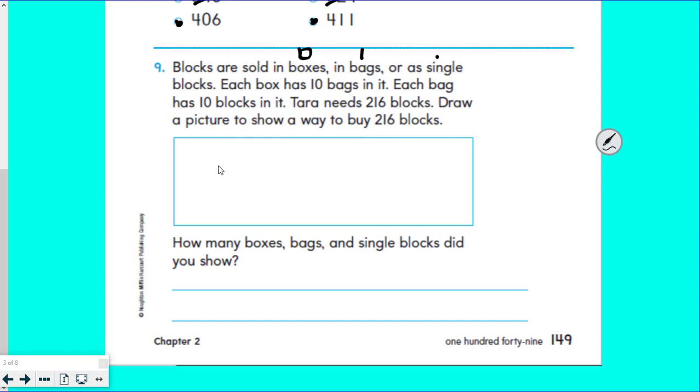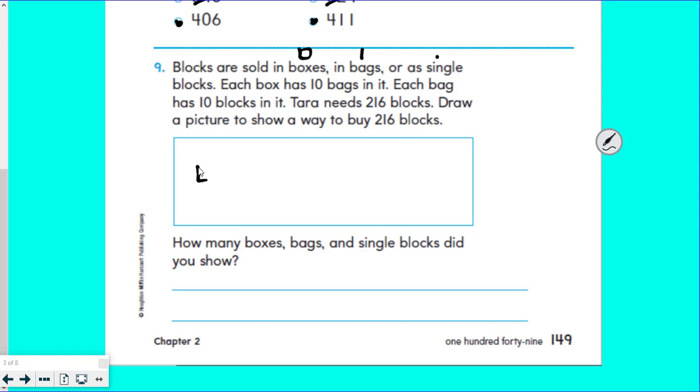So let's see, 216. So she's going to need, well, why don't you pause and write your answer and then we'll solve it together. Okay, so let's see. 216. So she would need some boxes, right? Because there's 100 in each box because there's 10 bags in it.